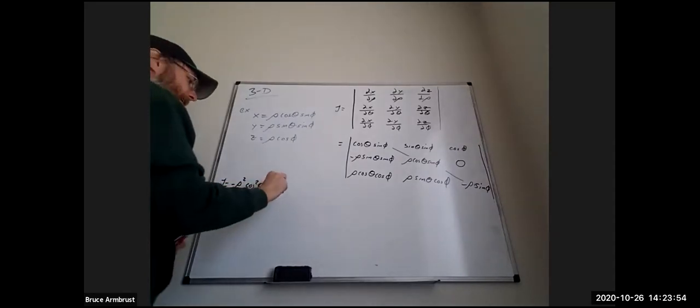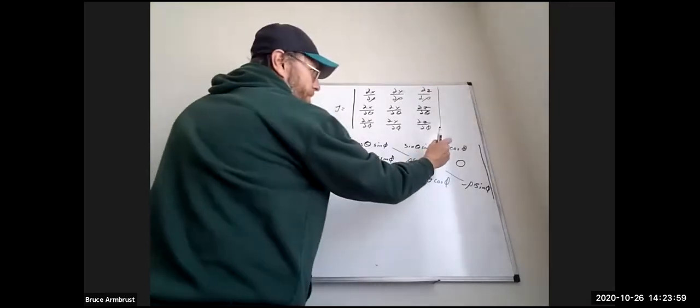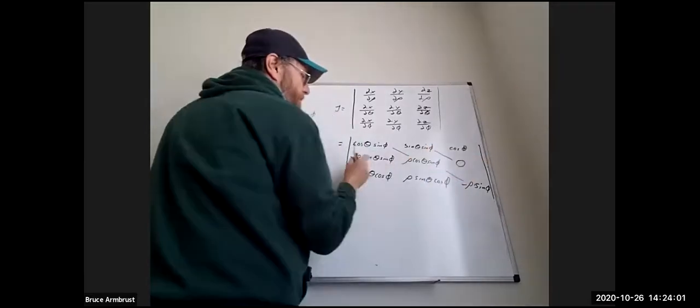The next piece is a plus 0 times sine theta sine phi times 0. Sweet, that's 0.